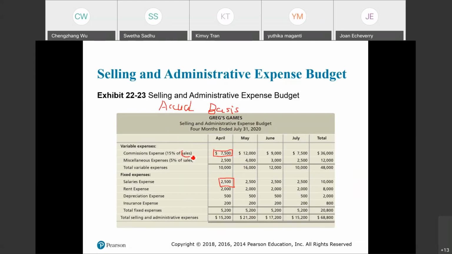For the sales, where can you find this number? Again, as I said, the sales budget is the cornerstone of the master budget.